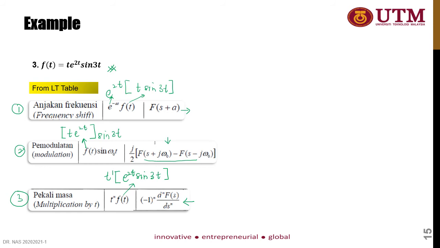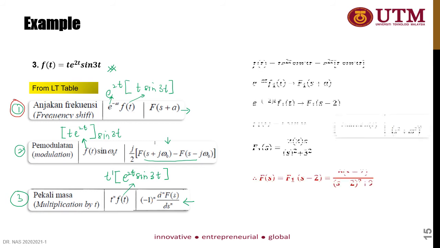And in the third method, you need to differentiate the S domain function. Therefore, method 1 is a bit simpler compared to method 2 and method 3. So in this case, I'll choose method 1.